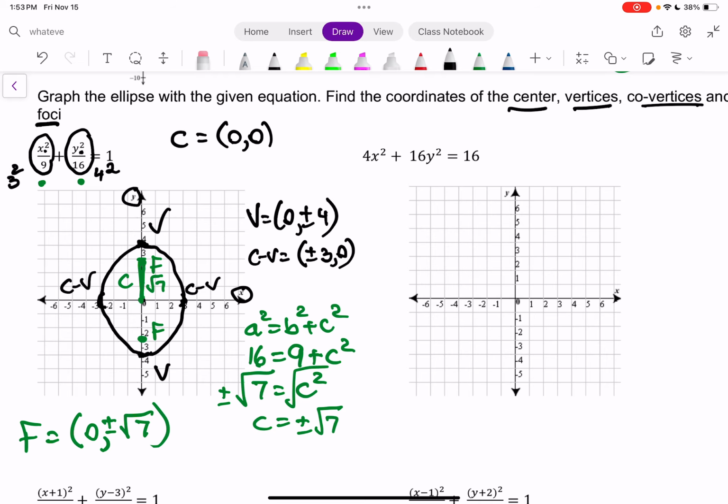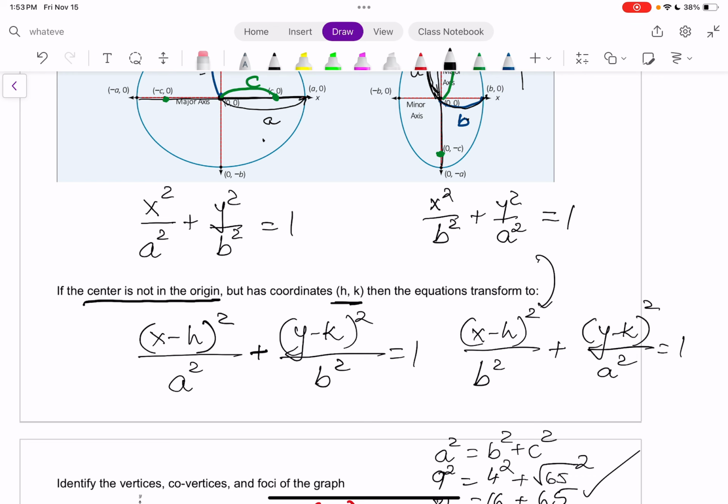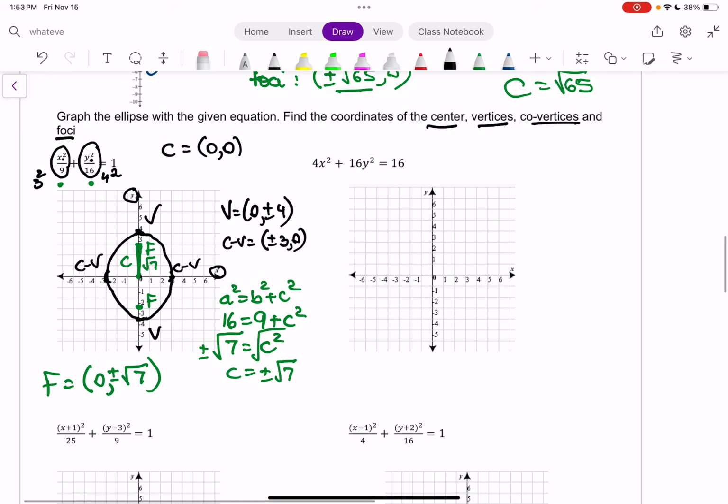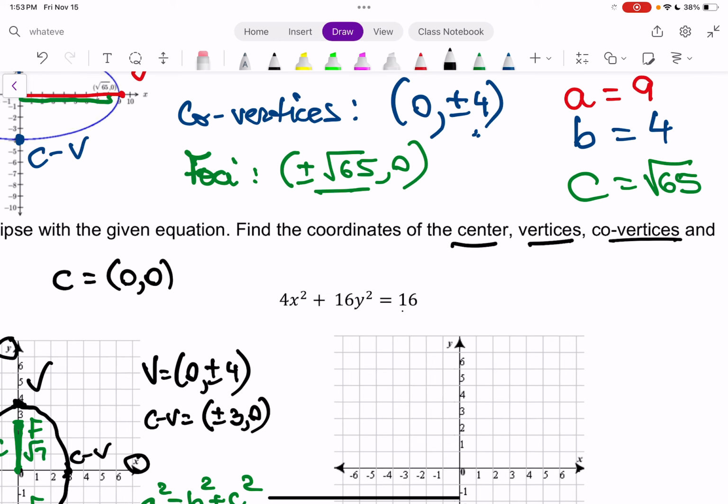Now, for all these ellipses to match up and understand how to move and where everything is, the equations have to equal 1. Okay? And usually you have fractions, and that's not what we have. So we will take a first step to have it equal to 1.